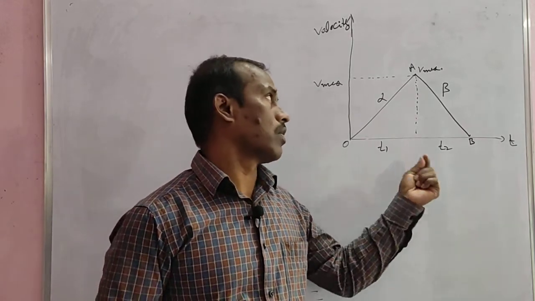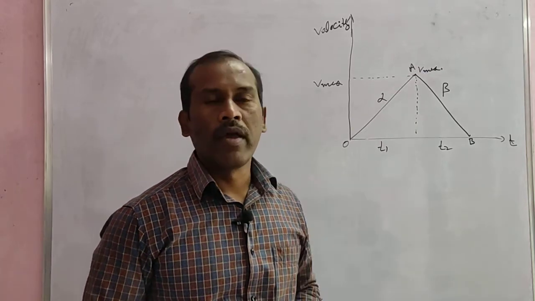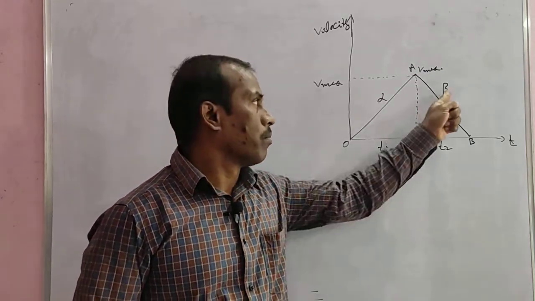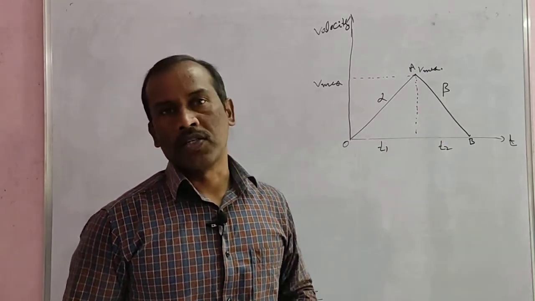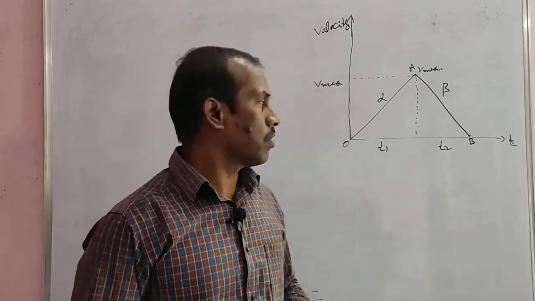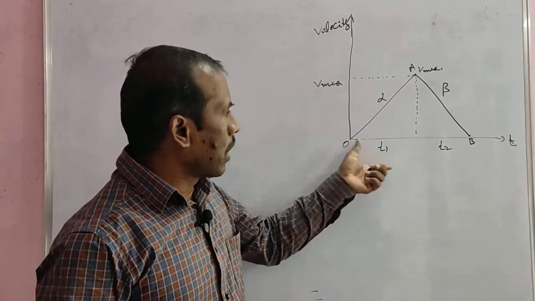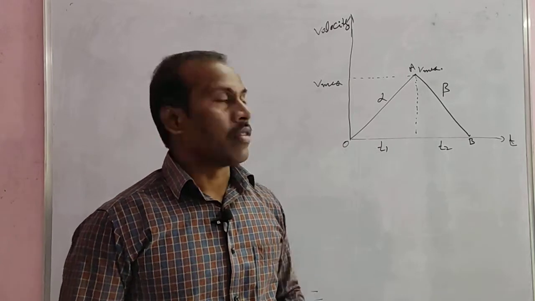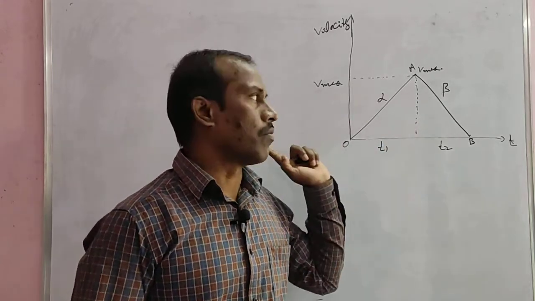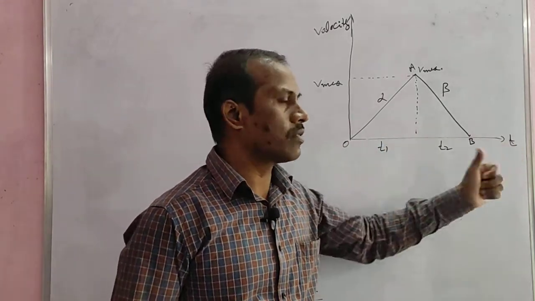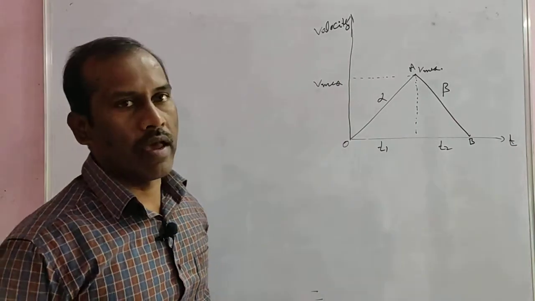Alpha is uniform acceleration and beta is uniform deceleration. The velocity-time graph is a straight line, with time on the x-axis and velocity on the y-axis.